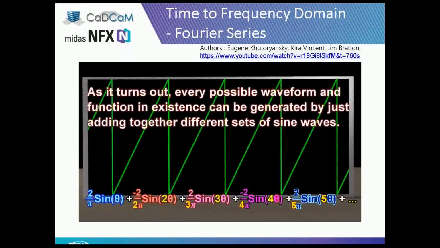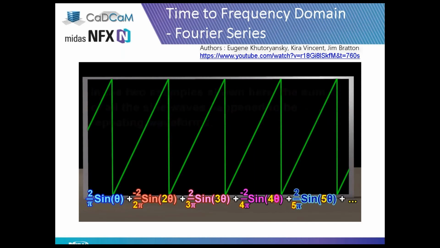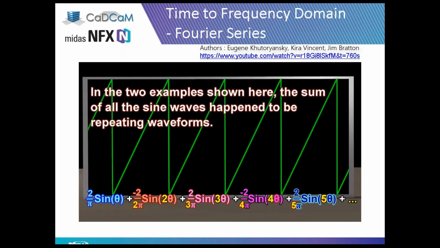As it turns out, every possible waveform and function in existence can be generated by just adding together different sets of sine waves. In the two examples shown here, the sum of all the sine waves happened to be repeating waveforms.